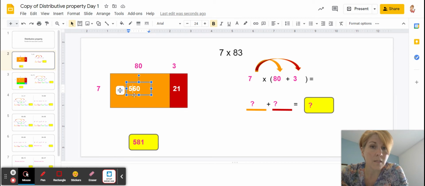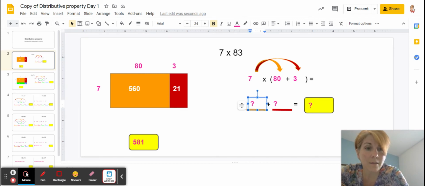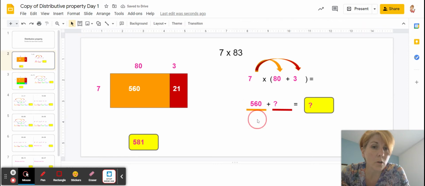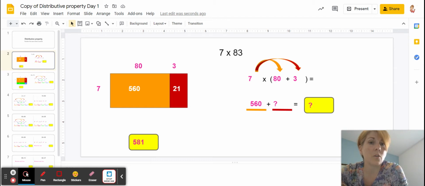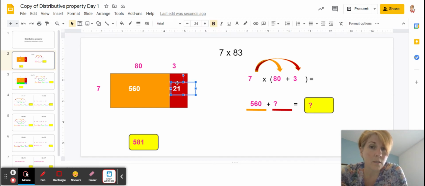You can take that exact number and plug it in there. There's an orange line underneath showing that it would be that first number times that first number. Then you take that 7 and also times it by 3, just like we did here. So this is called the distributive property.